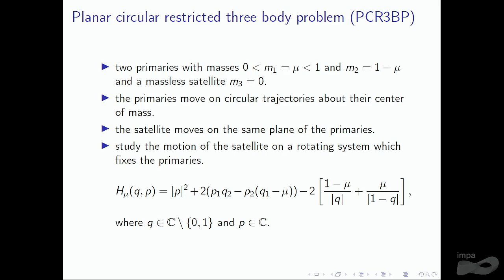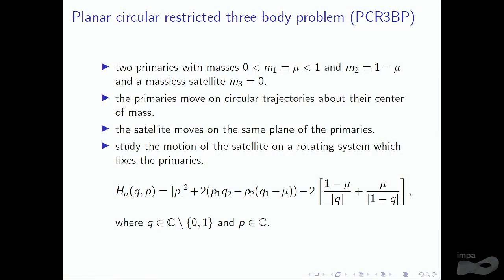They determine a plane, and M3 is supposed to move on the same plane. If you have an initial condition in the same plane, it remains there. So in the end, we study the motion of the satellite on the plane. It's a 2 degrees of freedom Hamiltonian system.